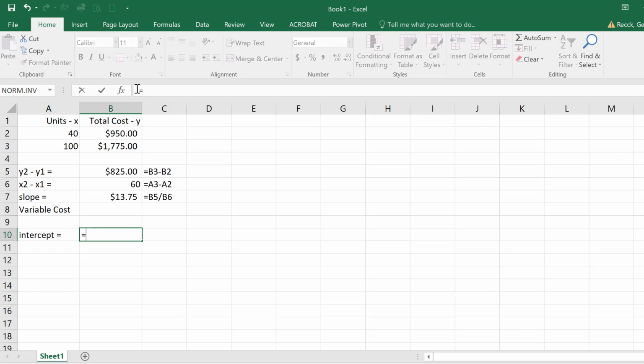The intercept is going to be equal to the y value of 950 minus the product of the slope that we just found times the first set of coordinates, the 40 units, $400.